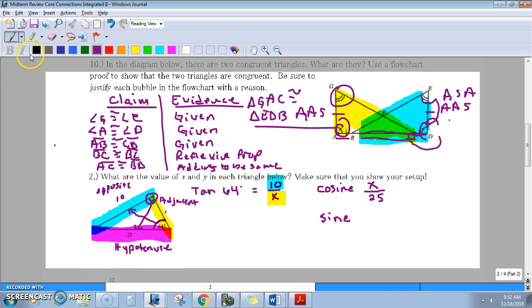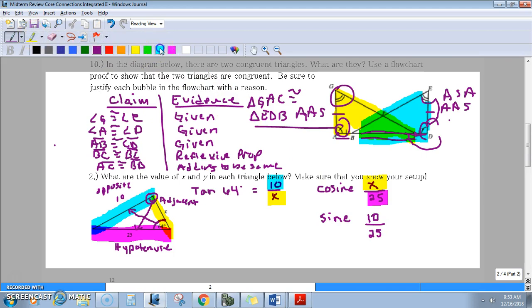So for the cosine, the hypotenuse is the denominator and the numerator is the adjacent side, the run side. The very last one is the sine, and if we're looking at 64, the sine is the opposite, side 10, over the hypotenuse, which is 25.